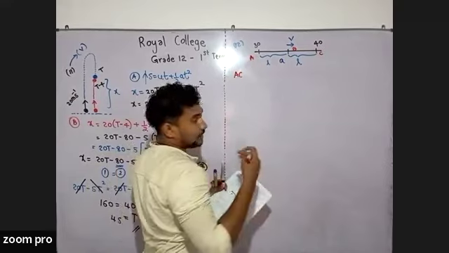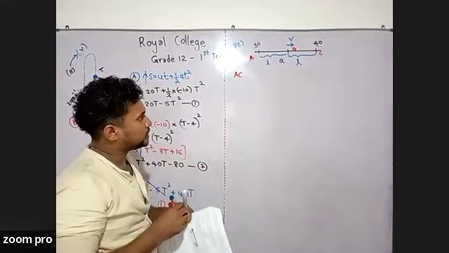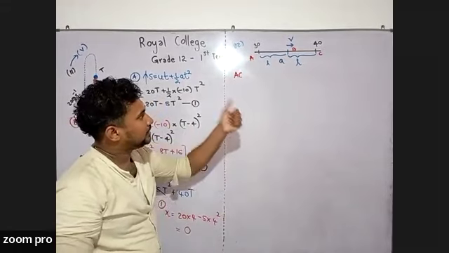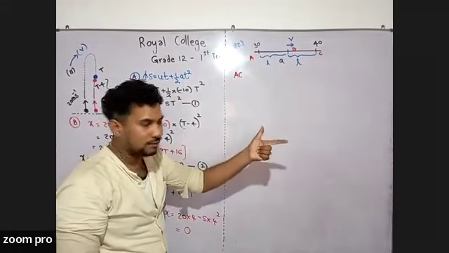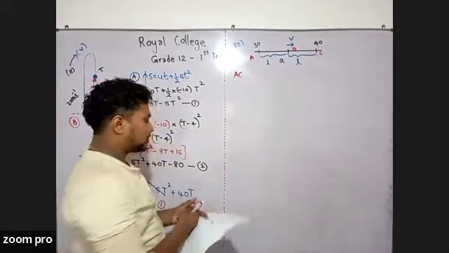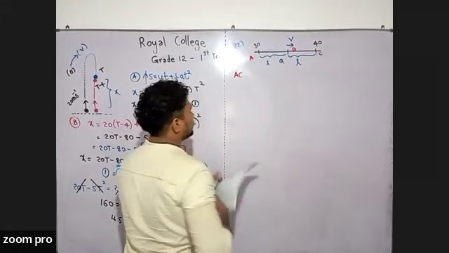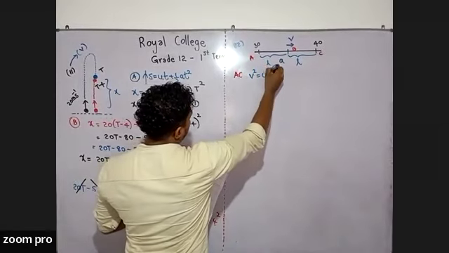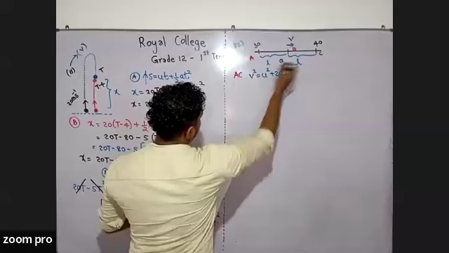If you go through the question, you should figure out that it's better to relate the initial velocity, final velocity, acceleration, and the distance, right? Therefore, I am applying this equation from A to C. That is V squared equal U squared plus 2AS.